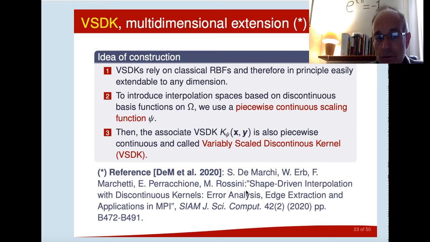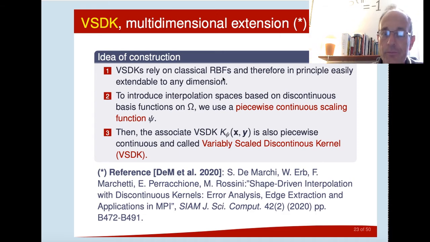The extension to the multivariate case is a little bit complicated, but was done in this recent paper in SIAM Journal of Scientific Computing. The idea for the extension relies on three, let's say, main points.